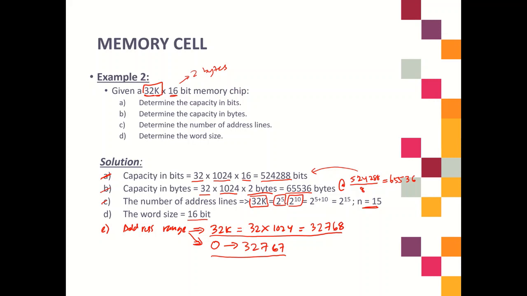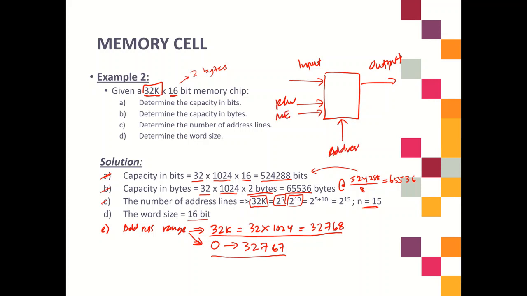And you can draw the memory diagram. So how can you draw the memory diagram for this memory? I will show you. You have the basic 5 lines: here is input, here is output, this is RW, this is ME, and this is the address line. Input and output refer to your word size.